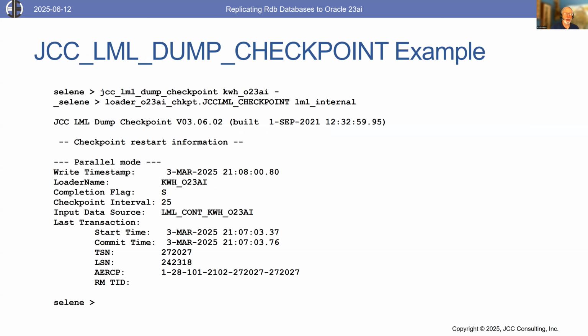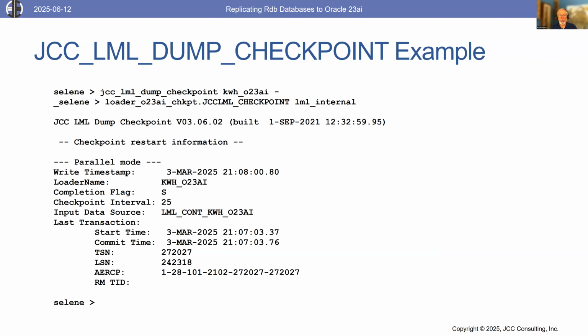The loader name, the completion flag, which we don't really use much, the checkpoint interval, the input data source, which is the LML session, the start time and commit time, the transaction sequence number, which is an internal RDB transaction sequence, the loader sequence number, which is something that we keep track of.